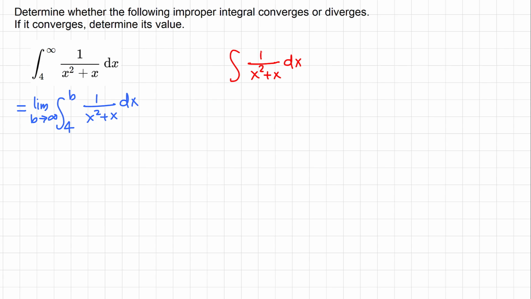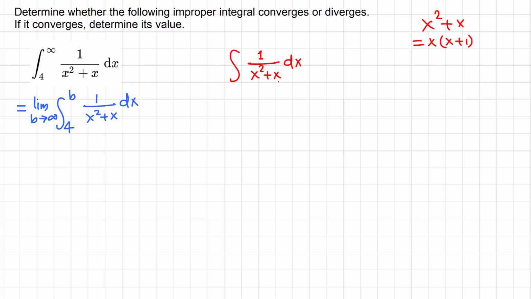This is a rational function, a polynomial, a number on the top and x squared plus x on the bottom. Then the bottom factors: x squared plus x, if you look closely, we can factor x out, x times x plus 1. So we can write this complex fraction as a sum of two partial fractions.